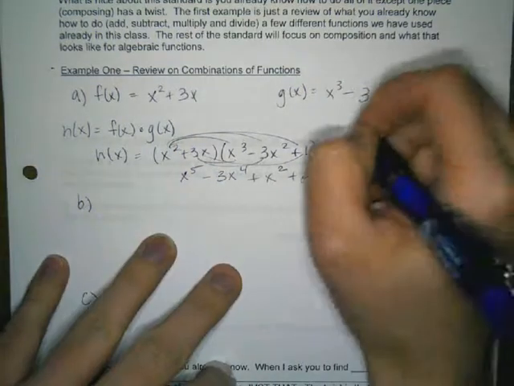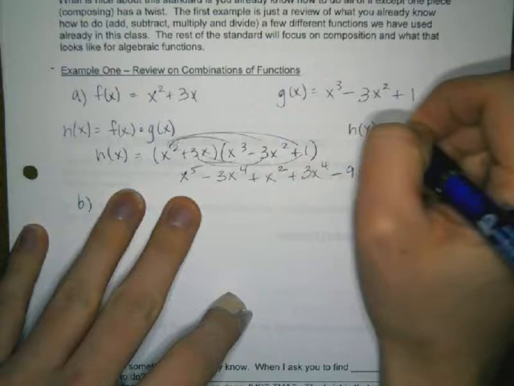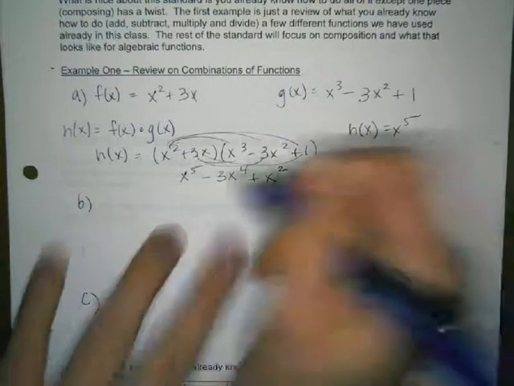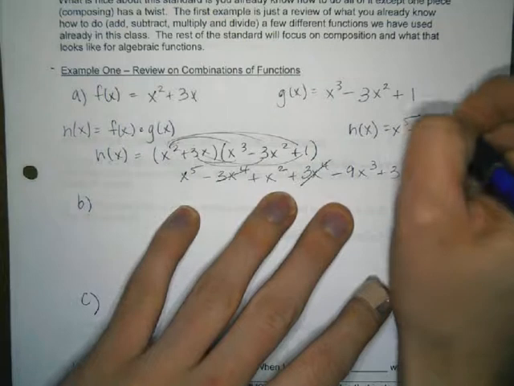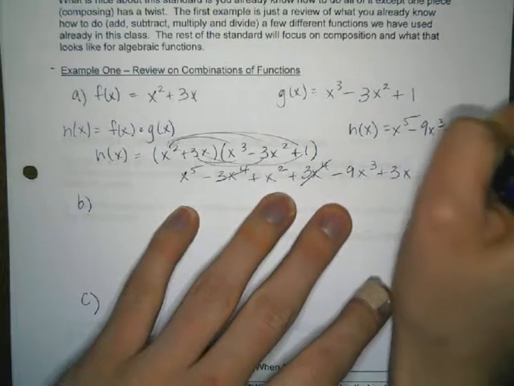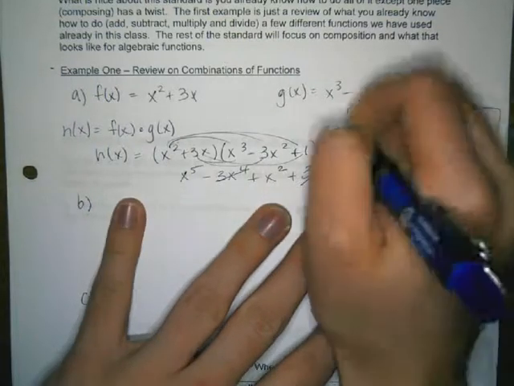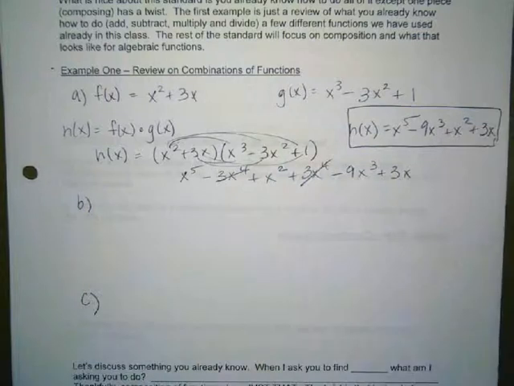So h of x here is going to be x to the 5th. Those completely cancel out. Minus 9x cubed plus x squared plus 3x. Okay, so combination of functions is a fancy way to say add, subtract, multiply, or divide.